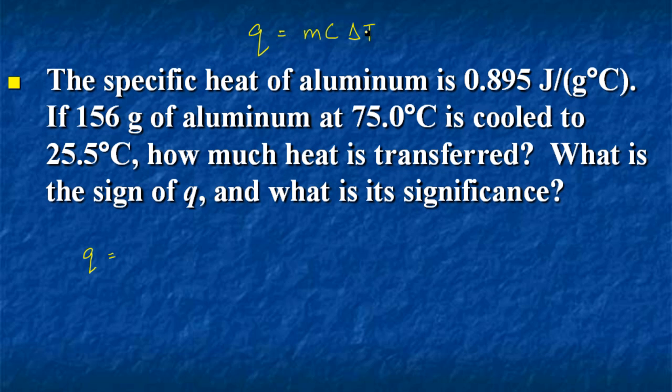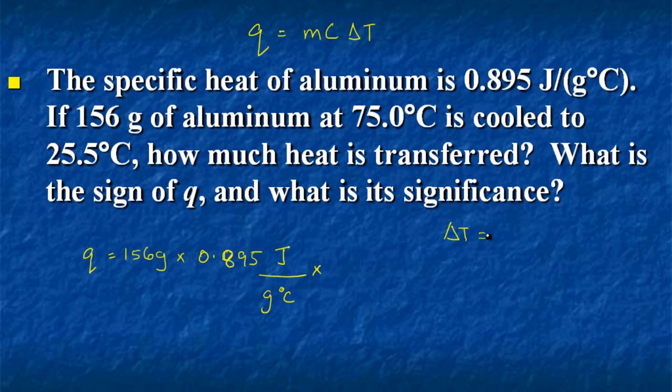You need to remember that equation for this. So what is the mass? 156 grams multiplied by, we need specific heat, which is C, 0.895 joules per gram degree Celsius, multiplied by, we need delta T.